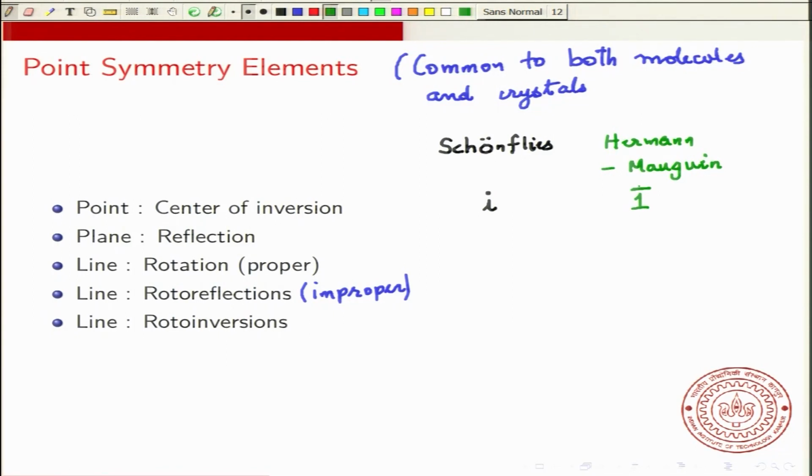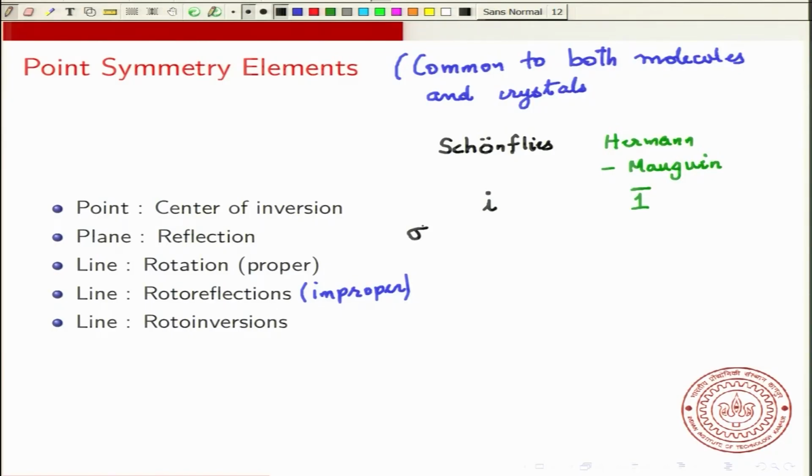The next symmetry operation is reflection about a plane, and molecules can have several planes of reflection, they need not have only one. The notation used for reflection is typically the symbol sigma.